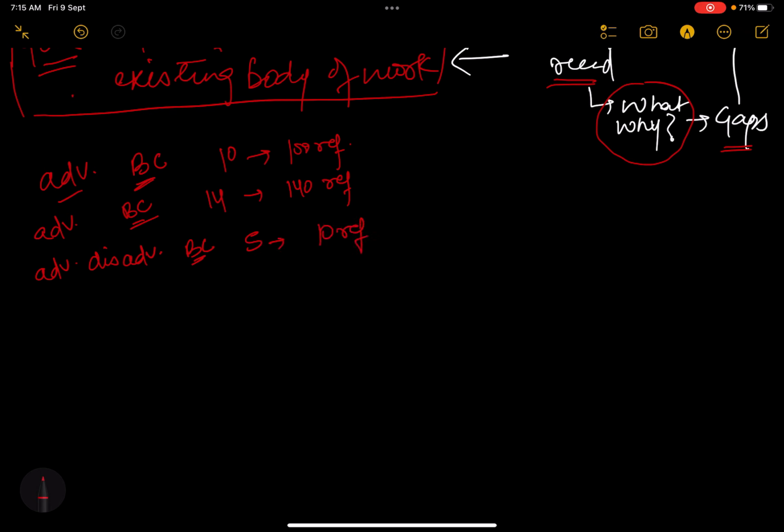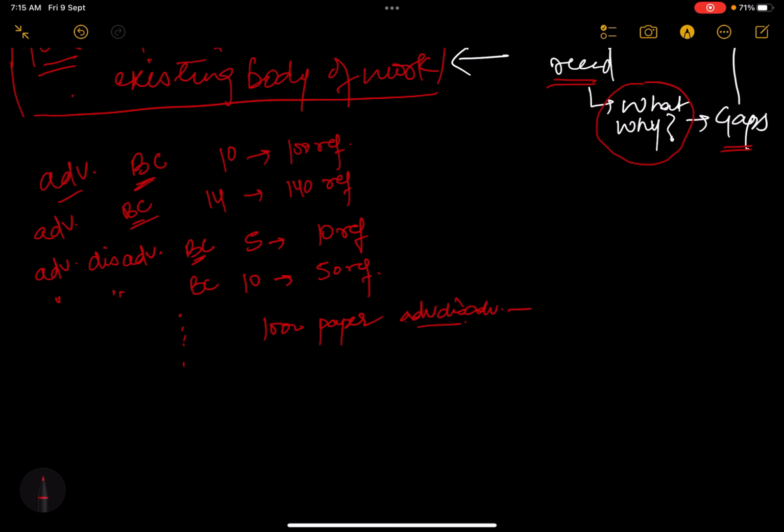Now another researcher comes into the picture. He also looks at advantages and disadvantages of blockchain, and he says, not 5, there can be more. So he starts working, he gets 10, and there are 50 references. Now this keeps on happening, and now we have 1000 papers written on advantages and disadvantages, right?